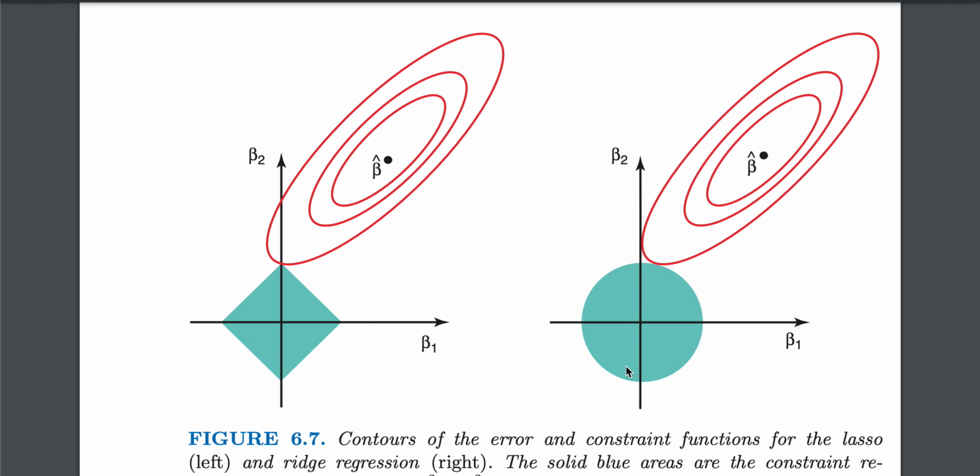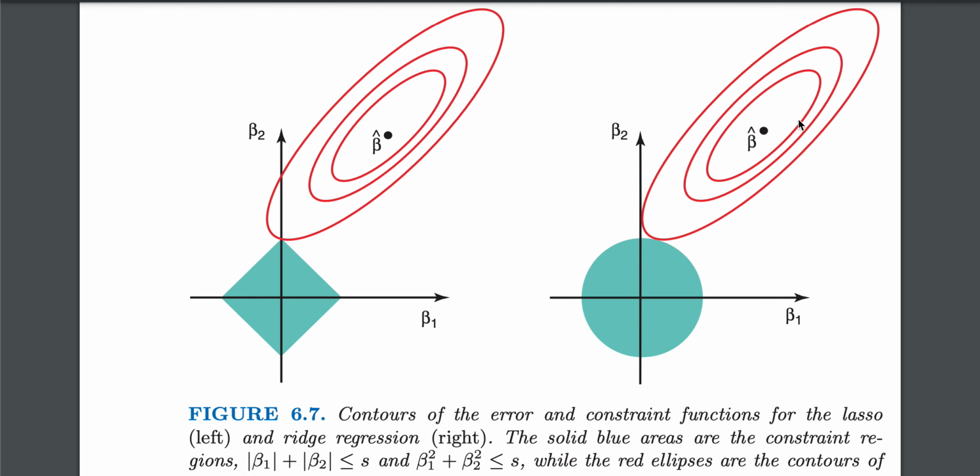If you increase S large enough to encompass this least square estimate, then the constraint is not active. But the whole point is that we want it to be active, so it will be touched somewhere here. So we see that the shrinkage is happening. From a least square estimate here, we end up with an estimate which is here. Beta 1 from here goes to here, shrinking. Beta 2 from here goes to here, shrinkage.